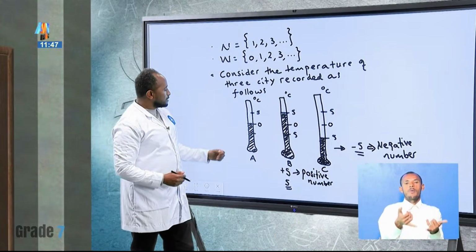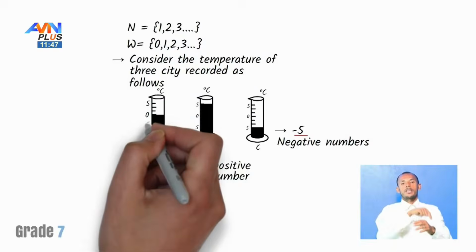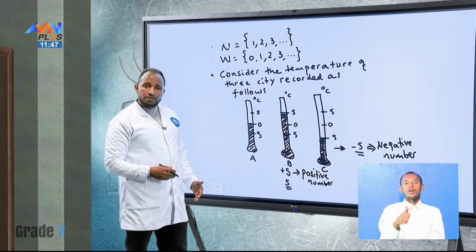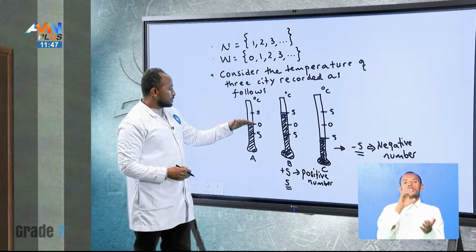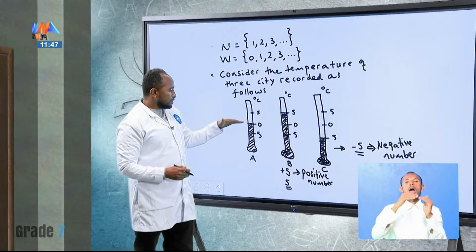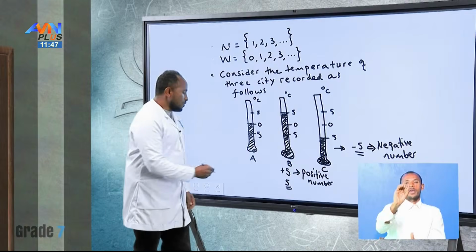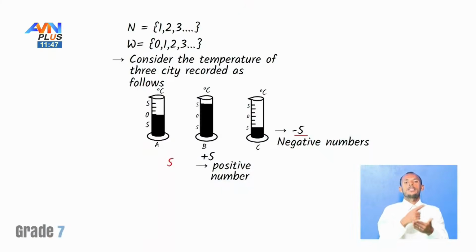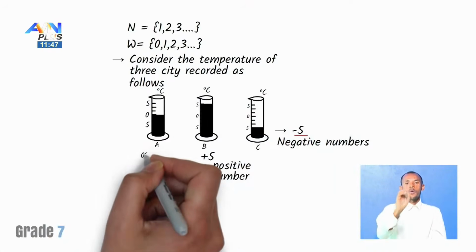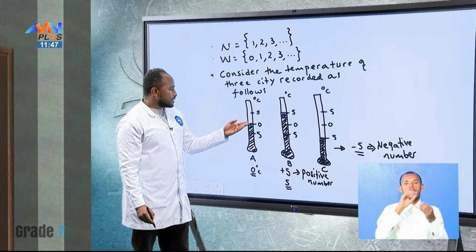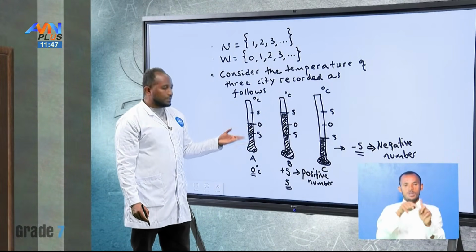Now, let's see the temperature of city A. As you can see, the temperature of city A is not above or below 0, it's at 0 level. So this temperature is 0 degree centigrade. And this number is not positive, it's not negative.